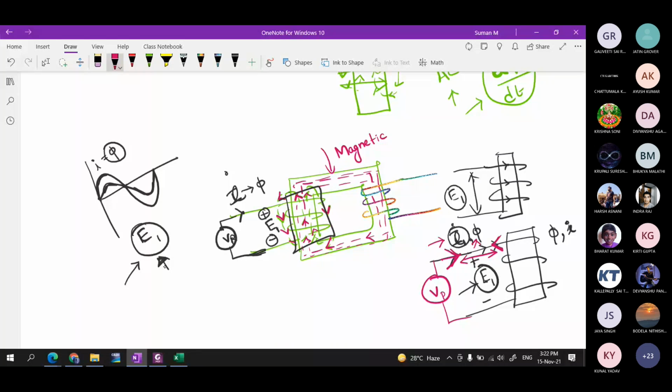That EMF polarity is such that, since I is the cause, if this source is able to supply by itself, that current will be opposite to the actual current responsible for making this EMF induced.